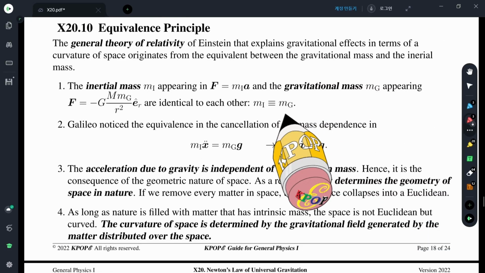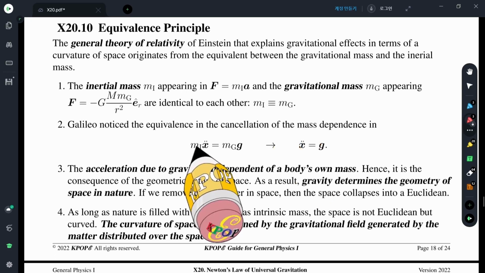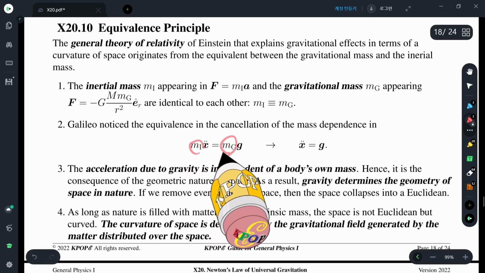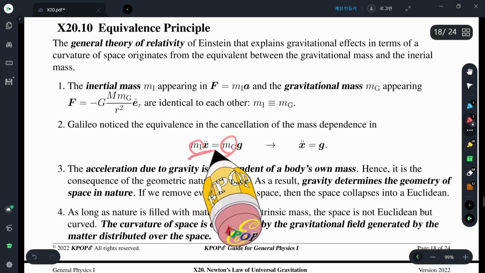Another important point when we study gravity is that there are two different masses involved. In F equals ma, we have the inertial mass that determines the motion, the acceleration of a particle due to the force. But the origin of the force in the gravitational force is the mass that is not the inertial mass but the gravitational mass.